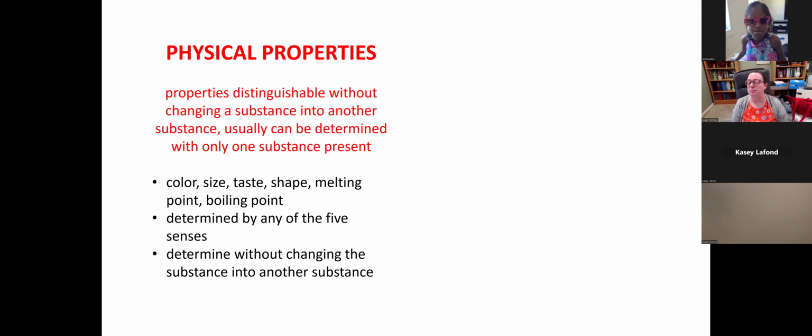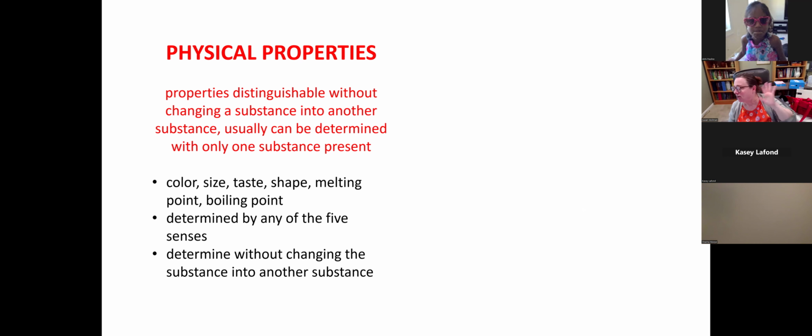So physical properties. These are properties or characteristics of a substance that we can observe, measure, or somehow look at without changing that substance into anything else. It has those features all by itself. A good rule of thumb is, can I detect it with my five senses?